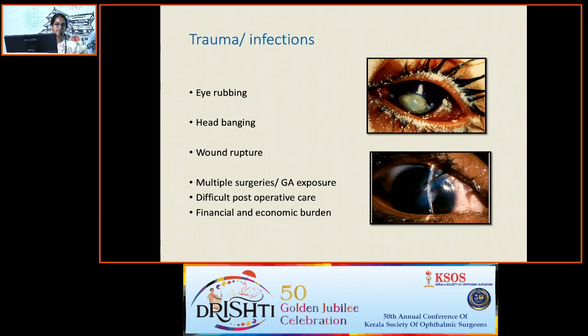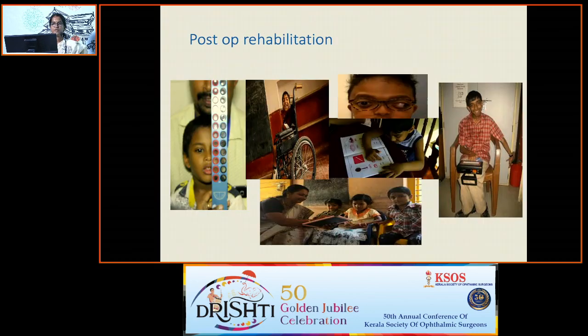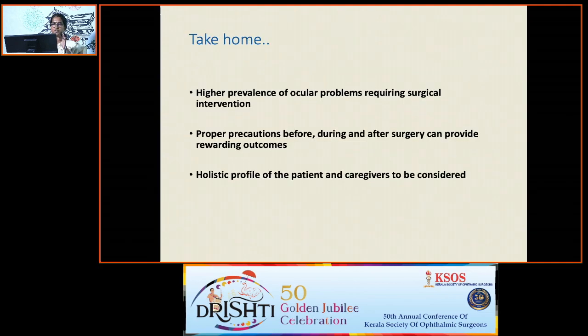You'll have to operate again and again with GA exposure, multiple surgeries. The post-op care is a nightmare, and also a great financial and economic burden to the family. All this said and done, children need post-op rehabilitation with refraction, spectacles, and their integration into a proper education system.